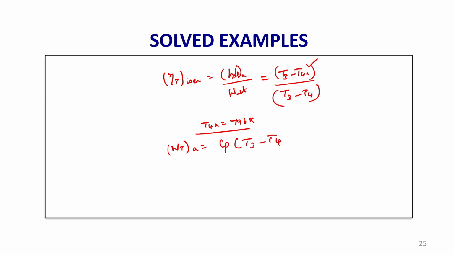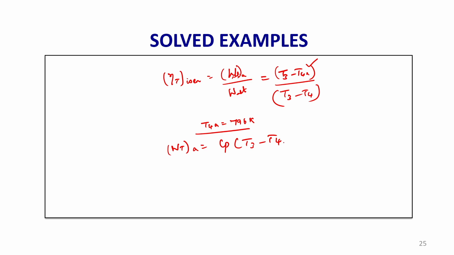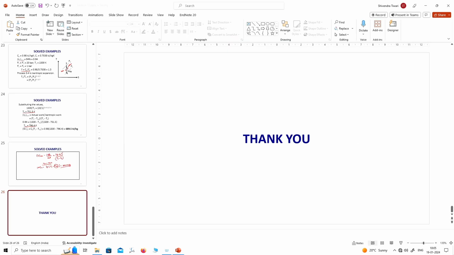If you write T3 minus T4, it is the isentropic work, the work done by the turbine for an ideal case. So, if you write T3 minus T4A, that comes to 689.5 kJ/kg.